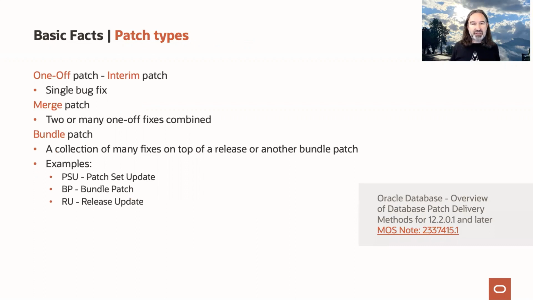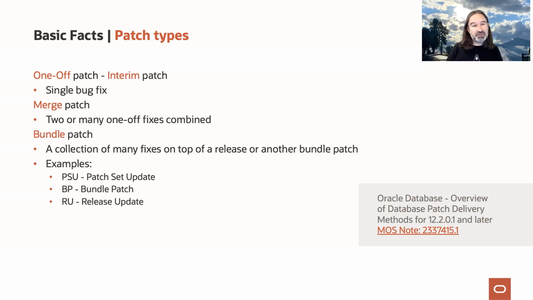Then we have a lot of patch types. So we have one-off patches, and you always find these two terms, one-off and interim patch. And the people who are responsible for the patching have a famous track record for changing the terms over time. And sometimes it's really strange. So one-off and interim patch are exactly the same, no difference. It's a single patch.